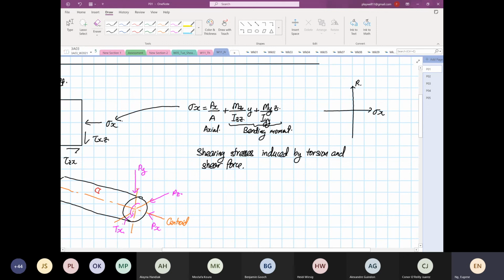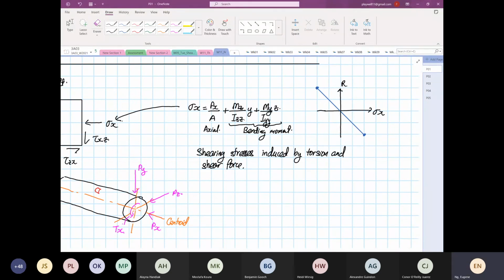The wider the radius, our distribution will look something like this. What to take note of is that when the radius is maximum, our stresses are also at the maximum.